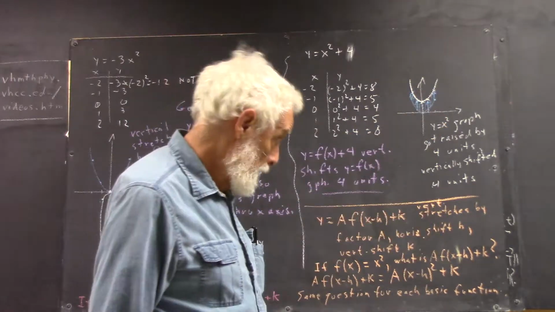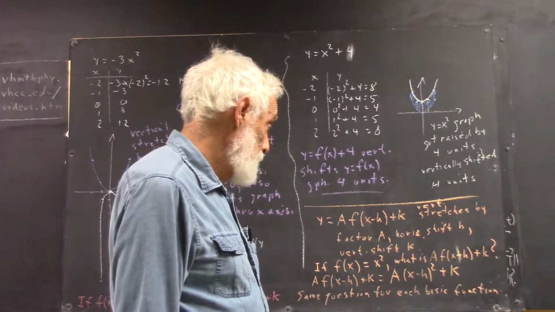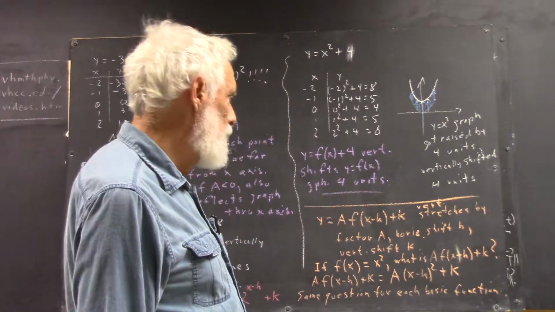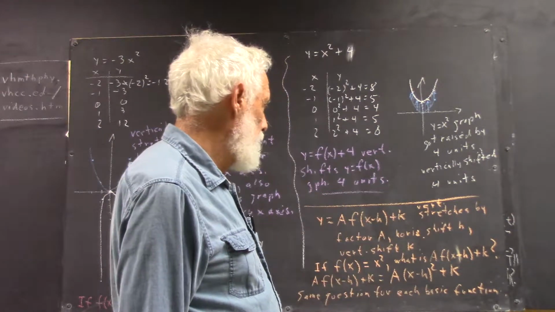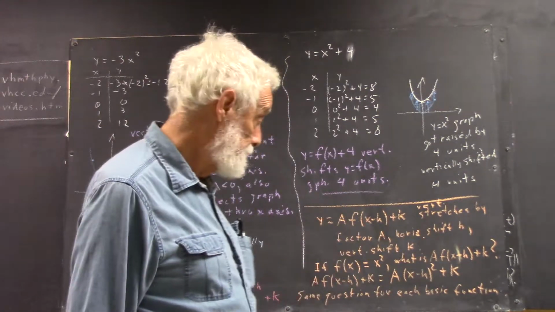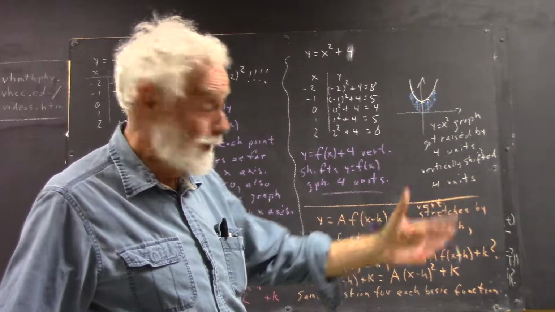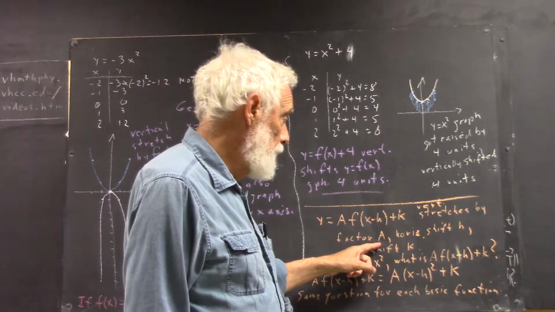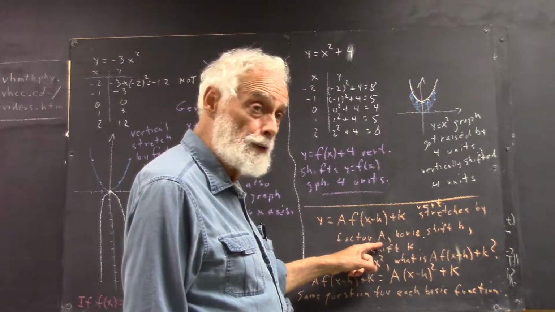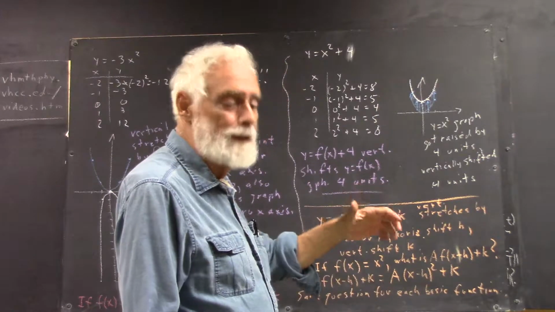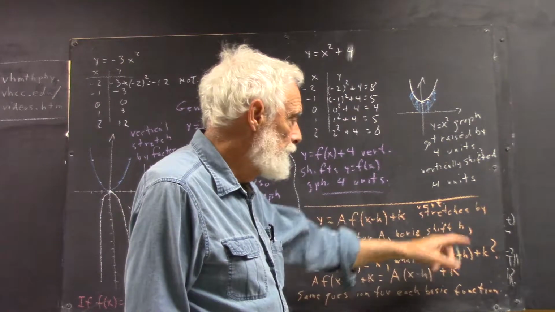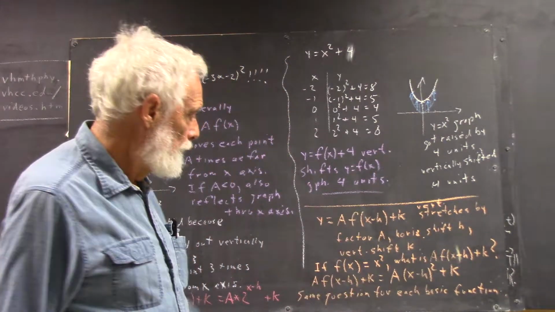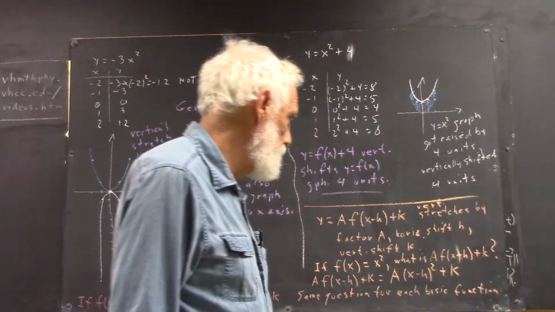If k is negative, it moves it down. So we say that this function vertically stretches the f of x function, whatever the f of x function is, by factor a, vertical stretch by factor a. And again, if a is negative, it inverts things. Horizontally shifts the graph h units, vertically shifts the graph k units.